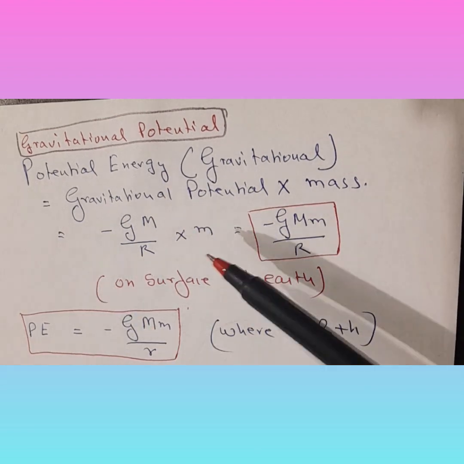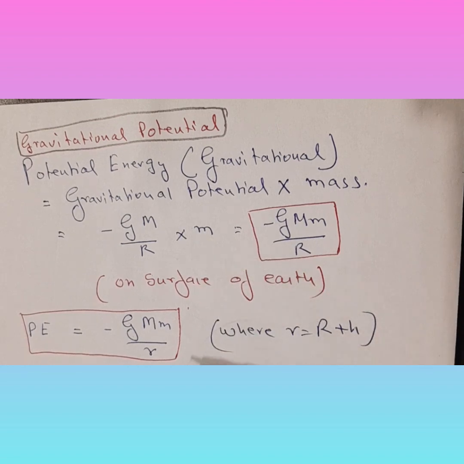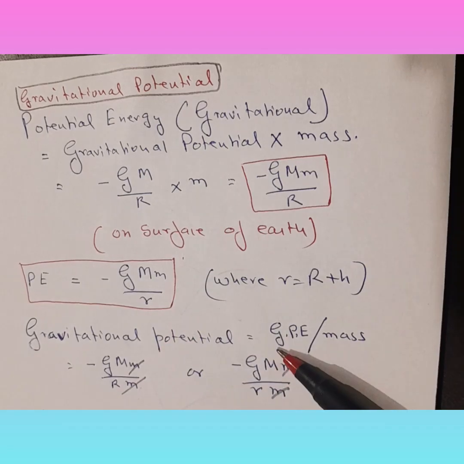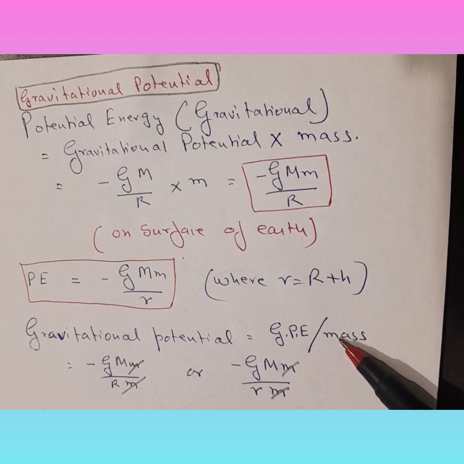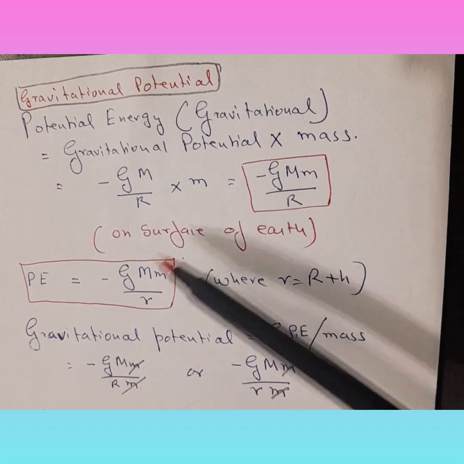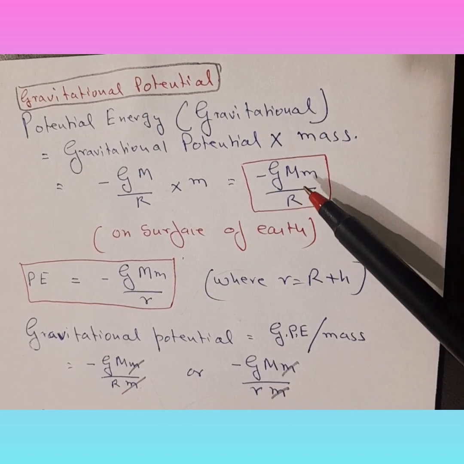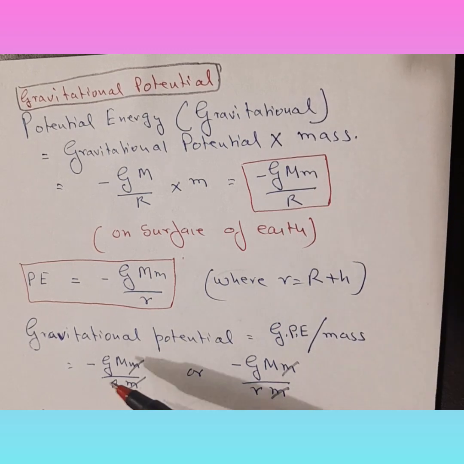So what we talked about till now was gravitational potential energy. Now let's talk about gravitational potential. Gravitational potential would be gravitational potential energy per mass. So we take this formula or this formula and divide both by the small mass, that is the mass of the object or mass of the satellite, whatever it is.